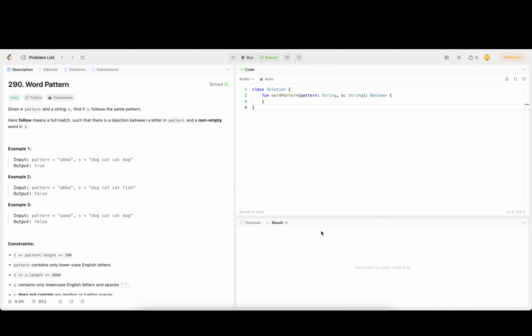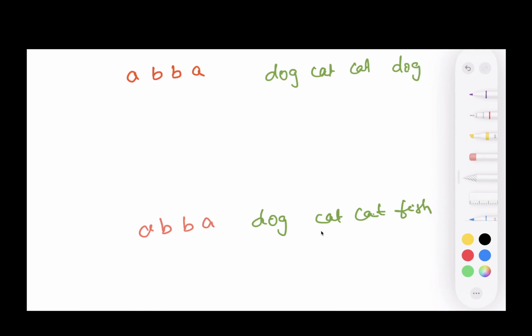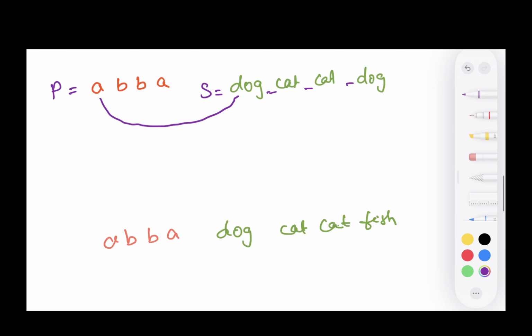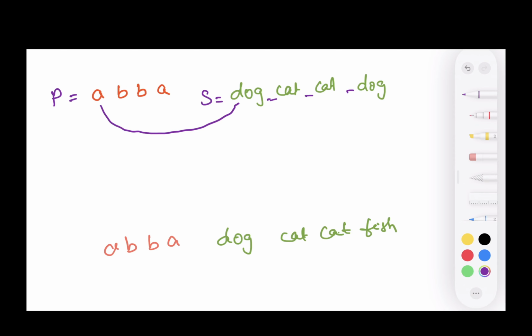Now let's understand the problem with this pattern which I have written here. When they give a pattern like this, let me annotate: this is the pattern and this is the string, and everything is separated by space. So what that means is a is pointing to the first word, that is dog.